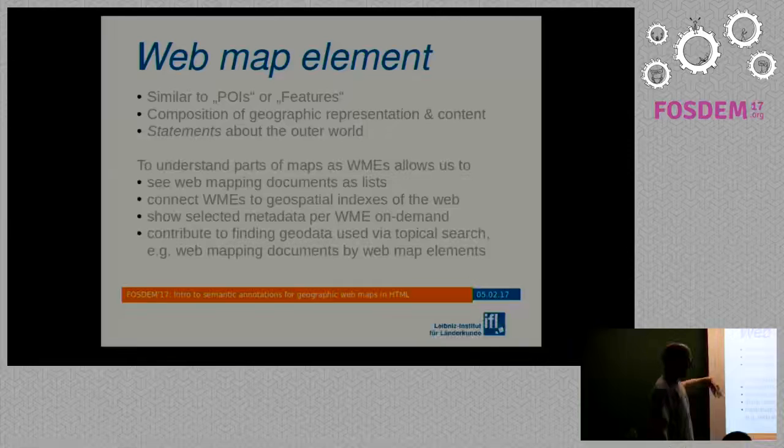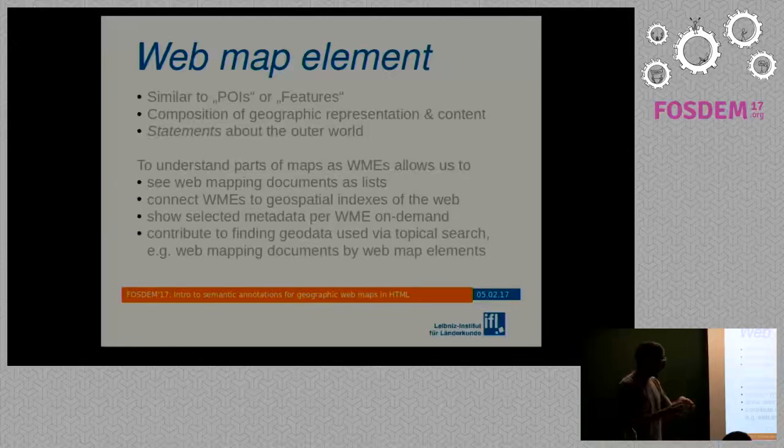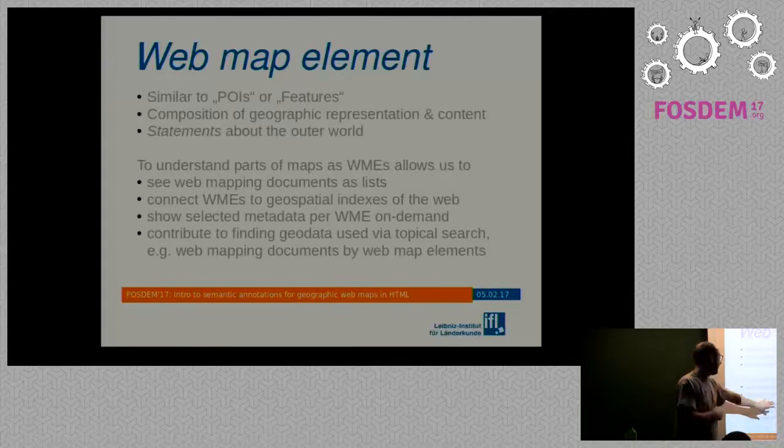And if we start to see web map elements as distinct items, we can connect this information or elements to the spatial index of the web, which is not yet possible if we annotate them. We can also show selected information on a specific web map element on demand to users.